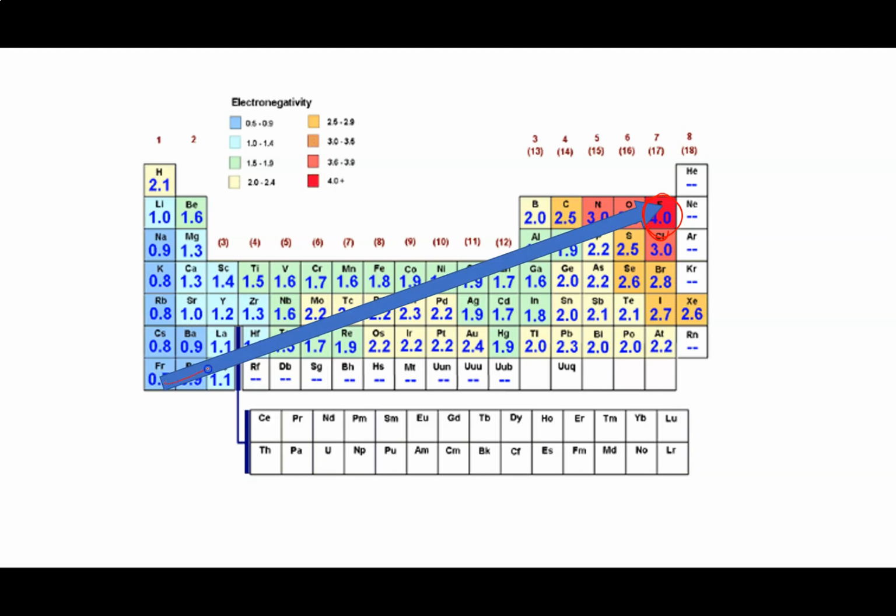But the general trend is that they increase in value from the bottom left to the top right. Now, it is worth keeping in mind that the elements we're really going to be applying this to are the non-metals, which are just these guys over here, because we're going to be using this to understand covalent bonding. Now, we can also use it to a certain degree to understand ionic bonding.